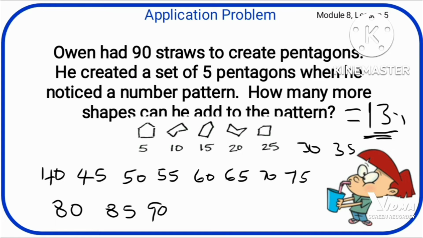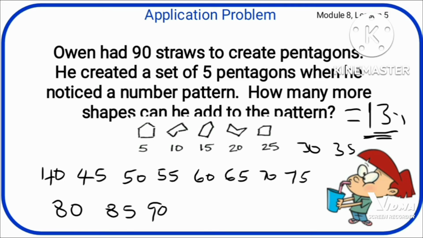Now, if you create another pentagon, you get to 30. The next one, 35. The next, 40. So you just keep counting in 5s. When do you get to 90? Once you get to 90, you count all the shapes. You see that you will create 13 more shapes to the one he has done.